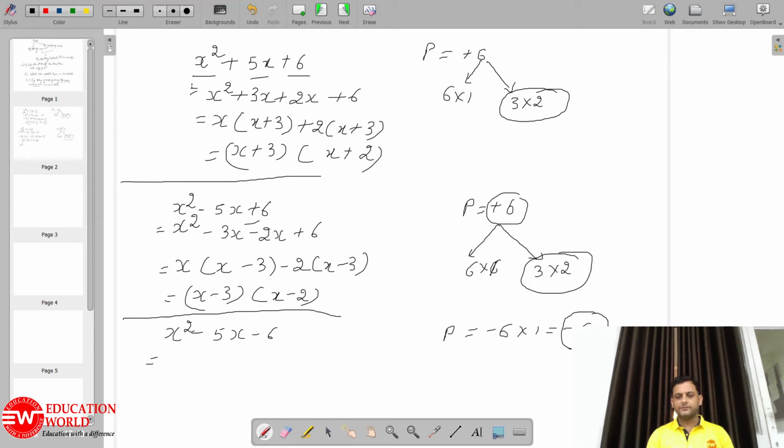Again we are having the factors. What are those factors? 6 into 1 and 3 into 2.